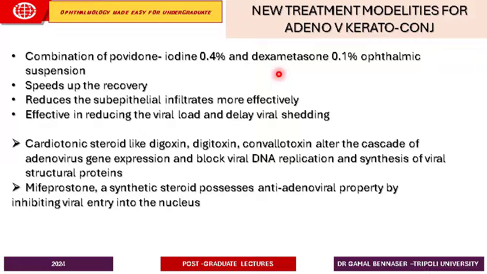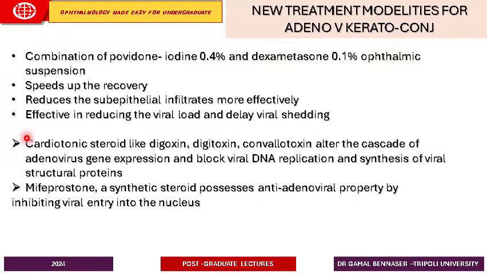Other drugs known as cardiotonic steroids like digoxin and digitoxin have been used in the treatment of adenoviral conjunctivitis, and the mechanism of action is that they interfere with the gene expression of the virus and block viral DNA replication, and hence decrease the viral shedding.